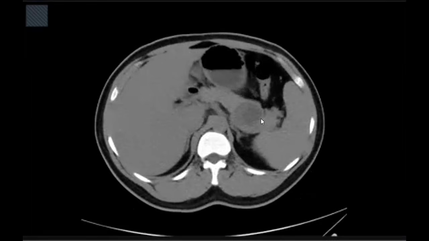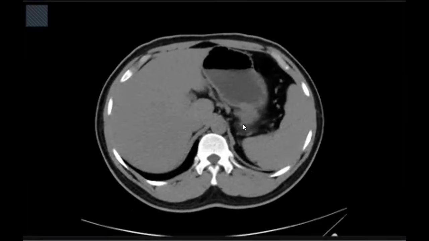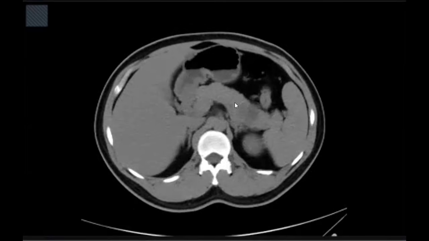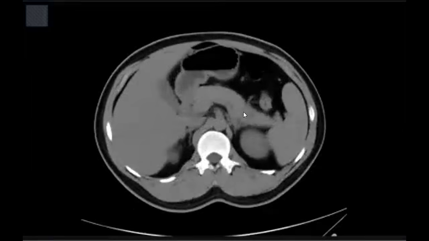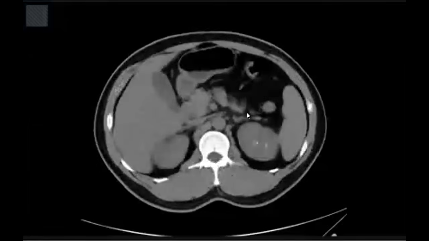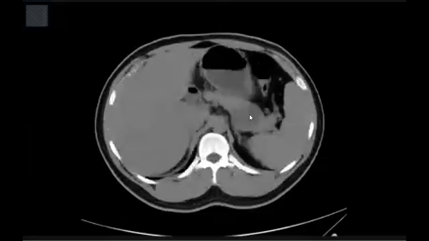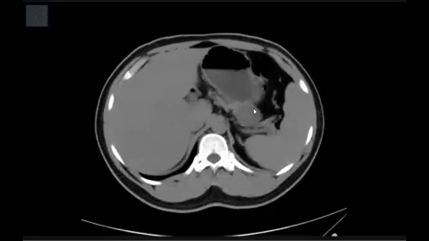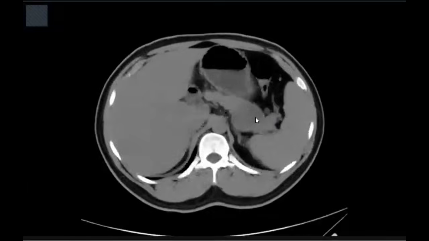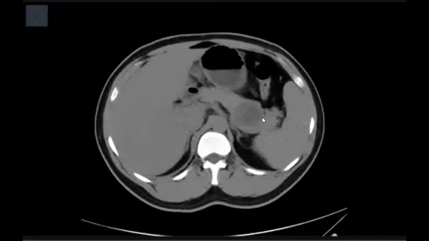As I was scrolling, I could appreciate a lesion here in the tail of the pancreas. I would also like to look at its relation with the stomach, because here it is in close proximity to the stomach. So I would like to look at the coronal images for further assessment, as in my routine practice.